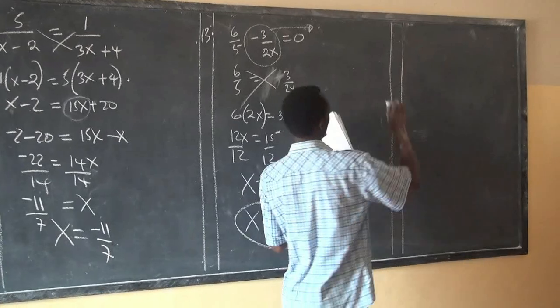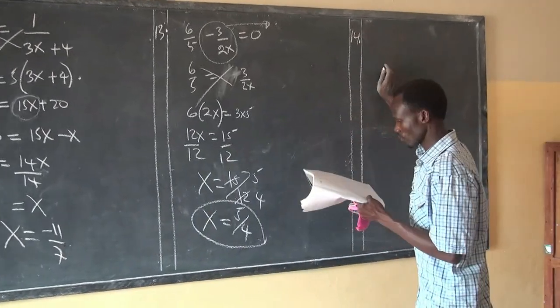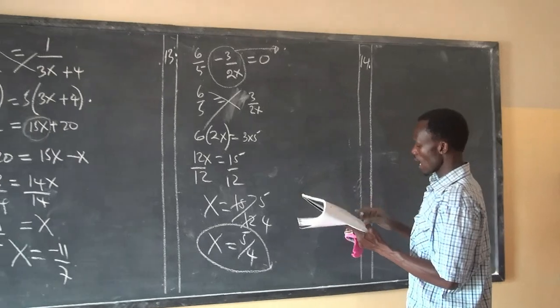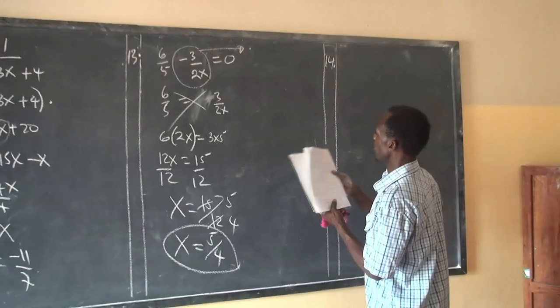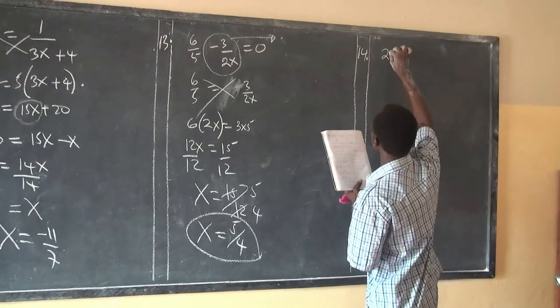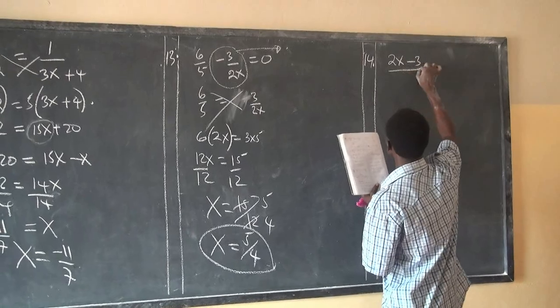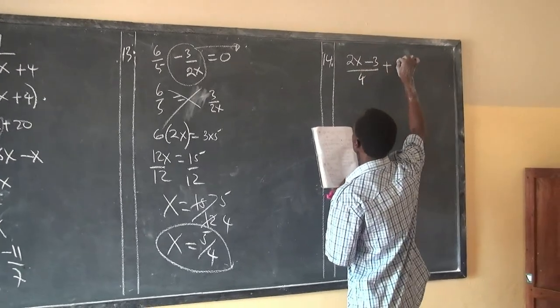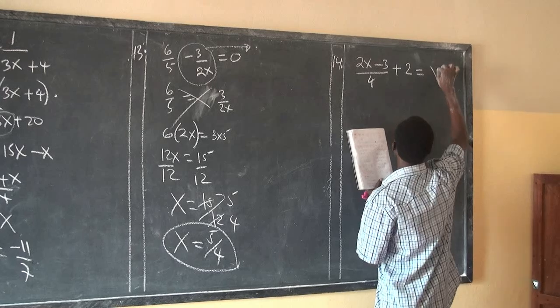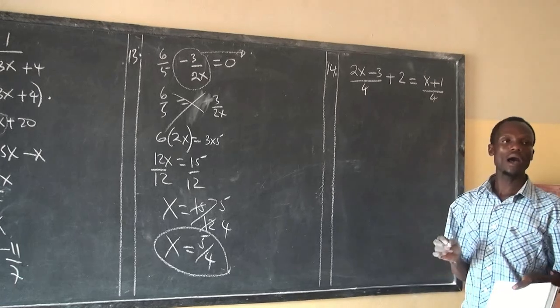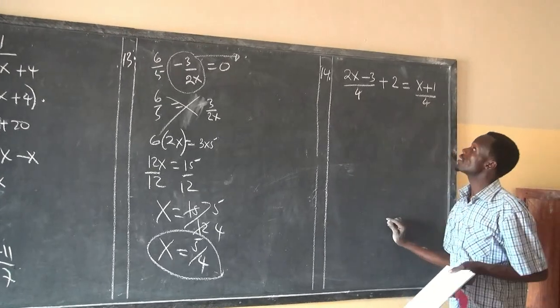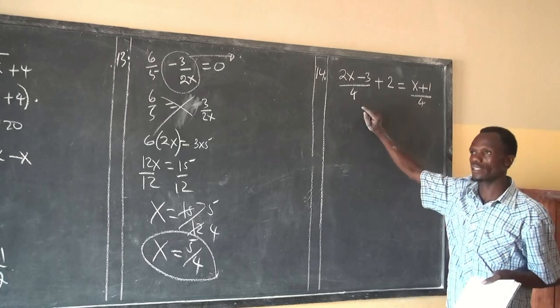Now example number 14. It is 2x minus 3 over 4 plus 2 is equal now to x plus 1 over 4. Also here, what you need to do is to find the LCM of the denominators.